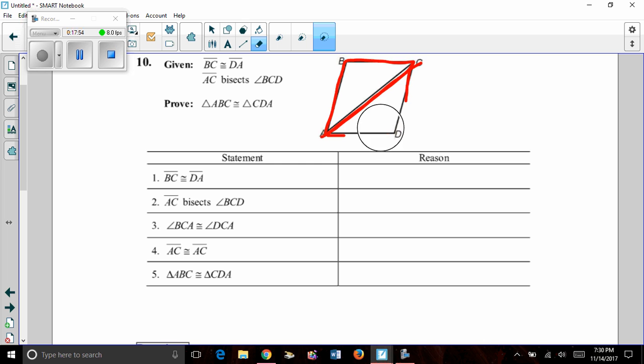Well, we have a few pieces. BC and DA. AC bisects an angle. It bisects BCD. Therefore, this angle is congruent with this angle.